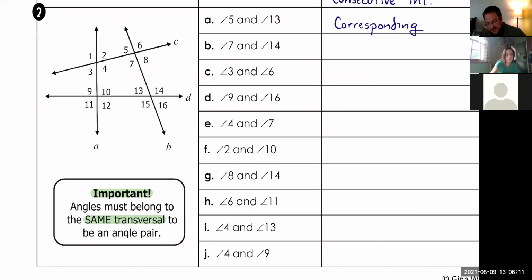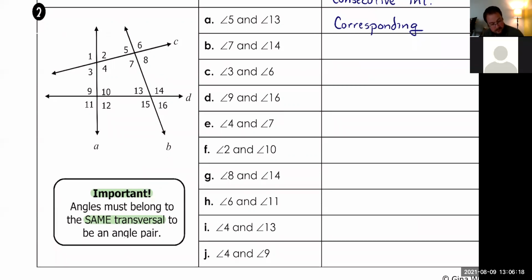About 7 and 14. Looks like B is our transversal there as well. Alternate, that's good. Ah, close.